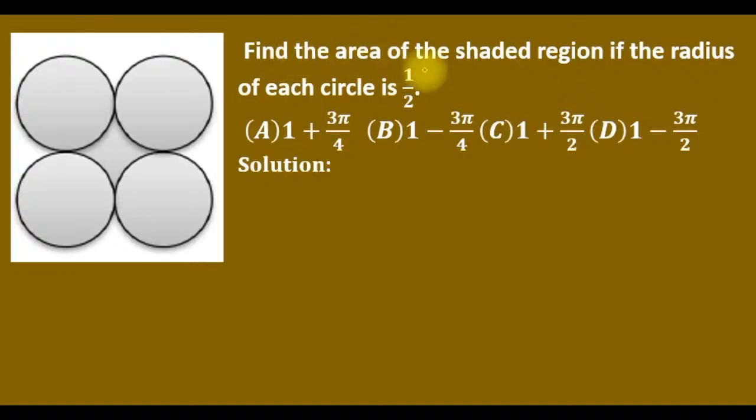Find the area of the shaded region if the radius of each circle is half. So as you can see, we have 4 congruent circles, and the best way I will find the area of this shaded region is by joining the radii.